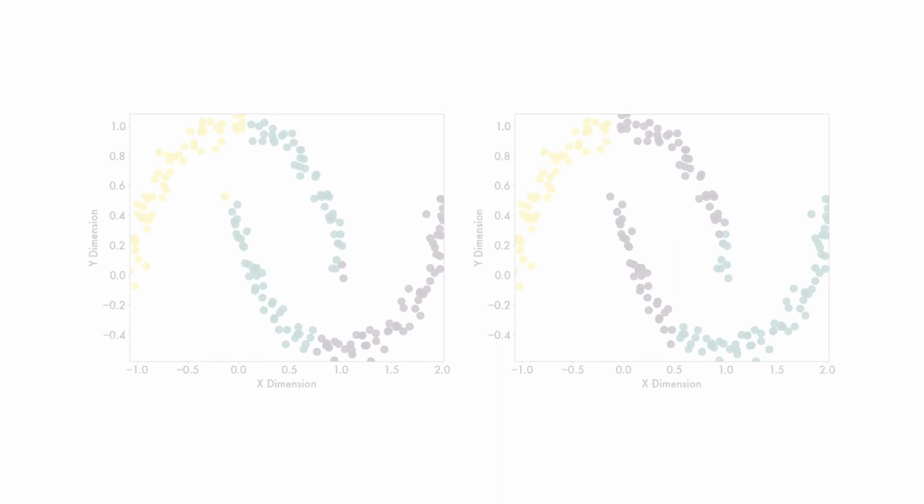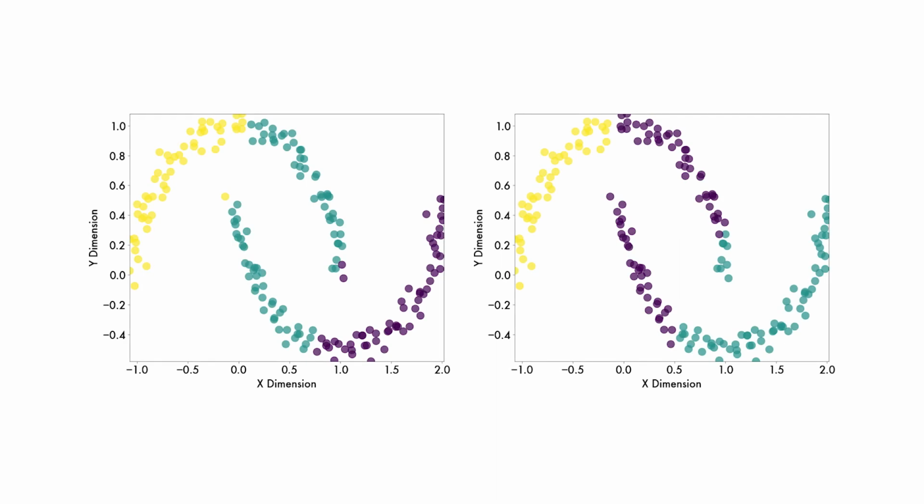The other limitation has to do with the fact that according to how you initialize the centers of the clusters in the initialization step, you may end up with different end solutions. And this makes the algorithm a little bit unstable to that extent.